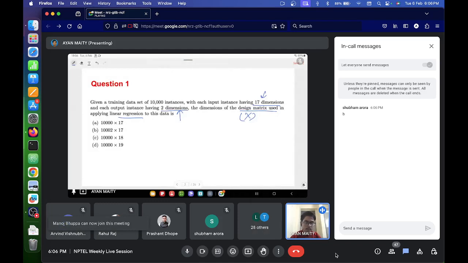I've got one answer in the chat. Shubham Arora is saying option B, which is 10,002 cross 17. Okay.